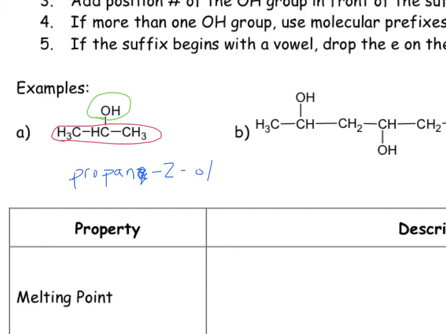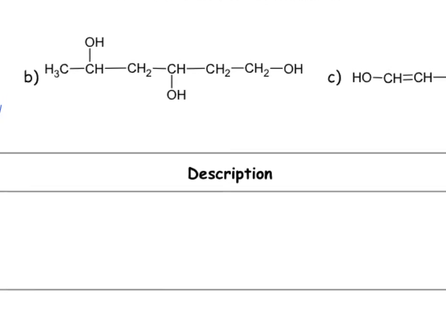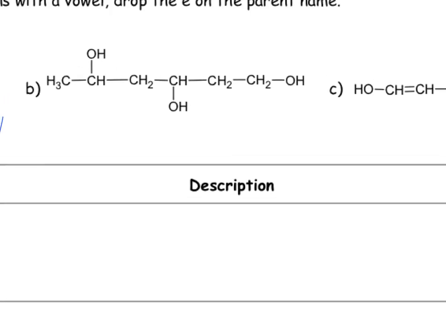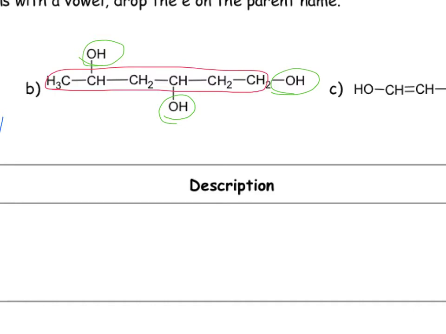Pause the video and take some time naming molecule B and C. Here are the answers for molecule B and C. The main chain for molecule B is the 6 carbons going horizontally across the page. I have to indicate that there are 3 hydroxyl groups. In order to get the lowest possible number, I would start numbering my parent chain in this direction.